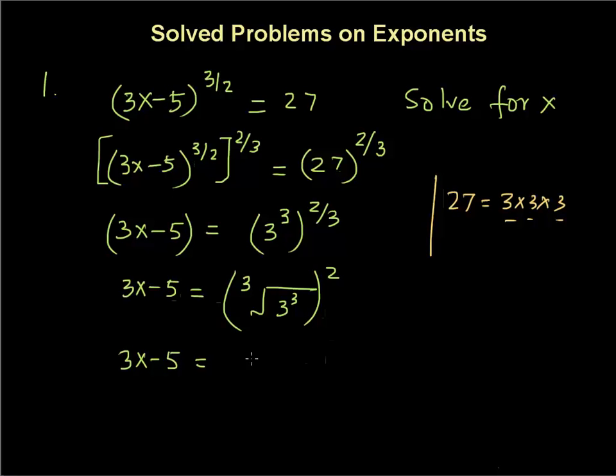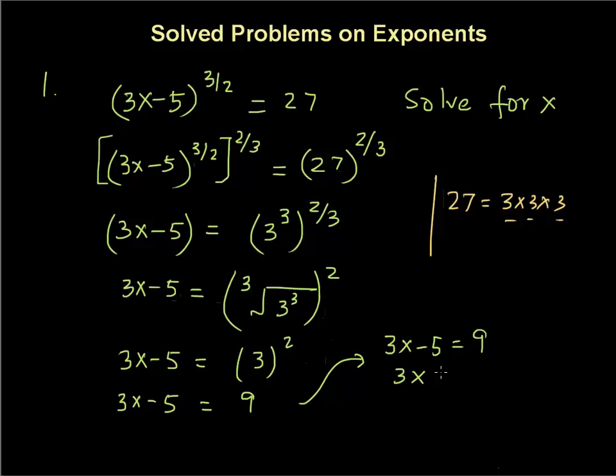Right hand side we have the cube root of 3 to the power 3, which means the 3 and the power 3 cancel, so we're getting 3 here, and then we have a square here which makes it 3 into 3, means 9. So our equation resolved to 3x minus 5 equal to 9.